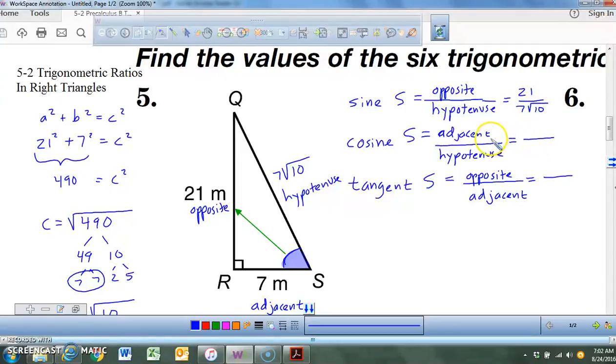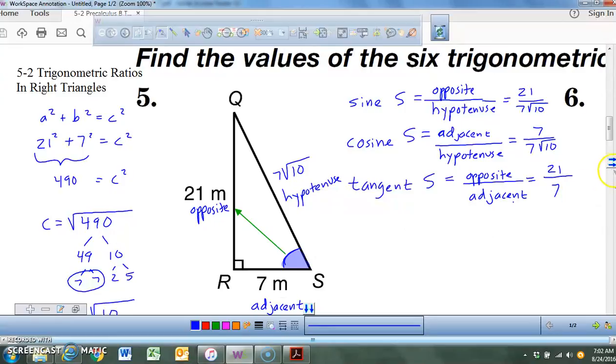All right, let's look at our adjacent side. Our adjacent side is 7. So we're going to put 7. And our hypotenuse, once again, is 7 radical 10. And for a tangent, our opposite side is 21 and our adjacent side is 7.